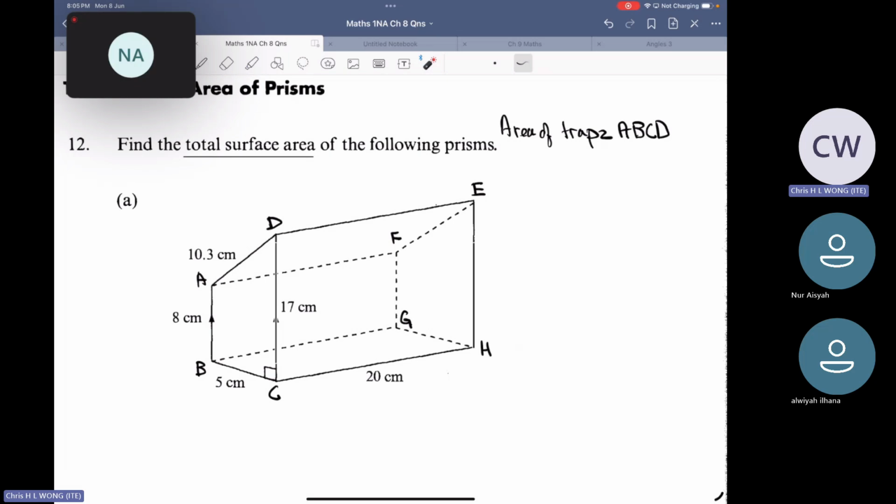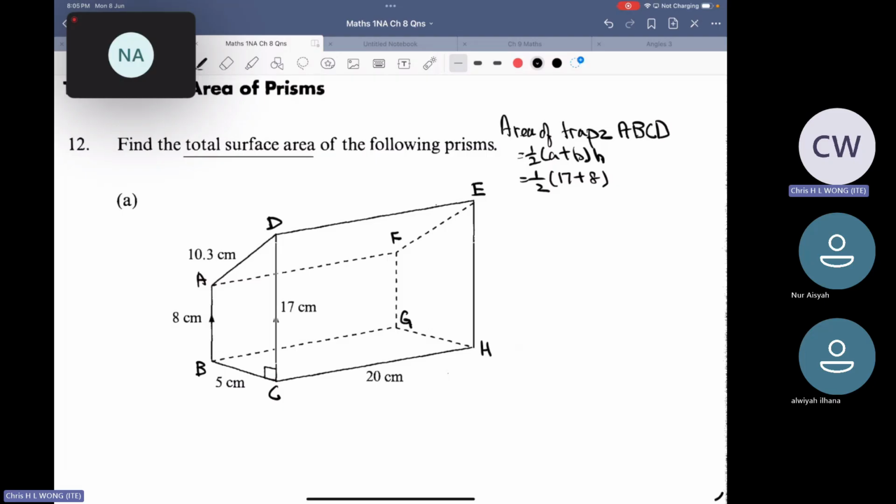A, B, C, D equals to, trapezium is always half, A plus B, times the height. That's the formula, isn't it? Equals to half, 8, what is 8? I will take 17 now, okay? 17 plus 8 in brackets. What's the height?